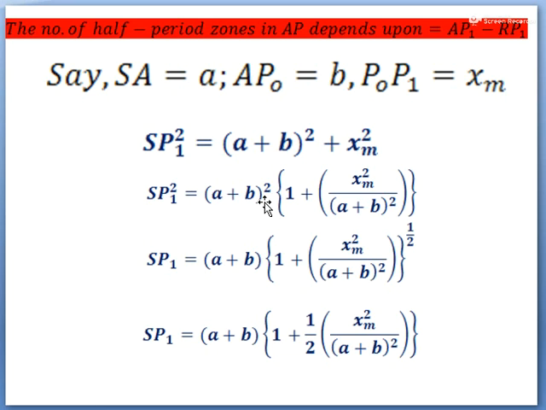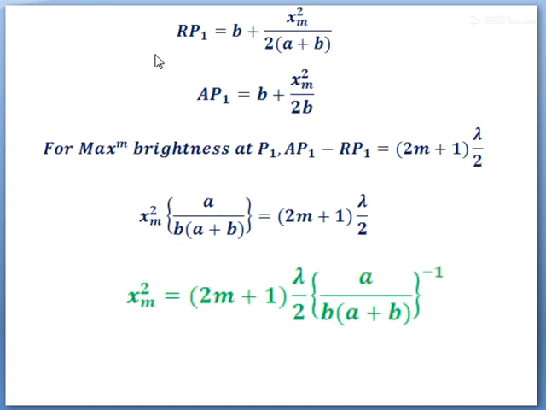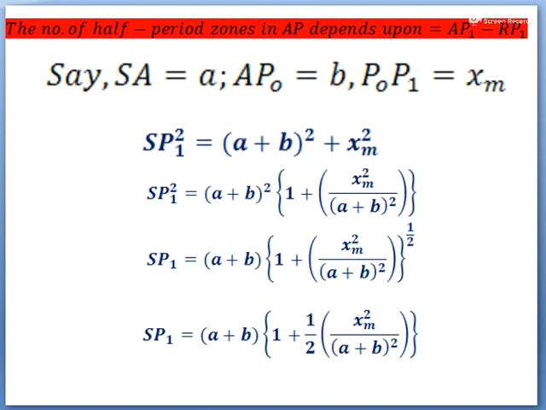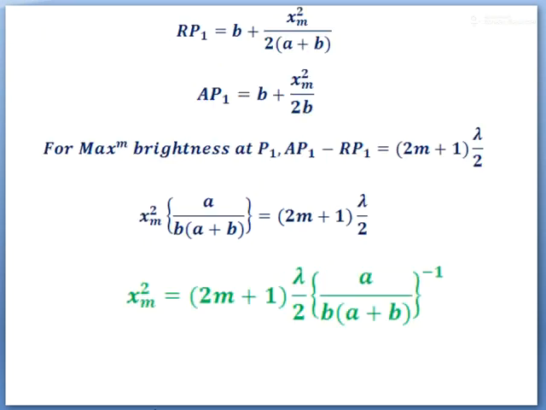Now XM is much smaller than A plus B. So I can again apply binomial theorem. এবং যদি binomial theorem apply করি, so SP1 will be A plus B into 1 plus half of XM square by A plus B whole square. Right? তাহলে একই রকম ভাবে SP আমি বললাম A plus B 1 plus half XM square by A plus B square.